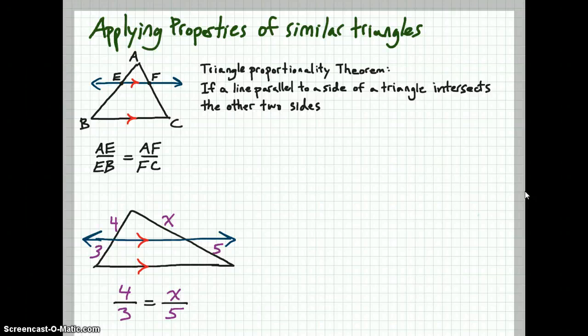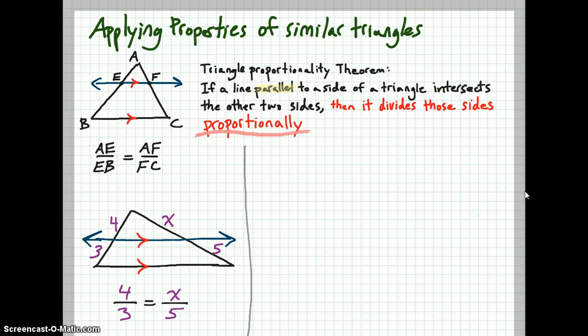So what is the conclusion? Then it divides those sides proportionally. And then we'll look at an example. Our conclusion divides those sides proportionally.